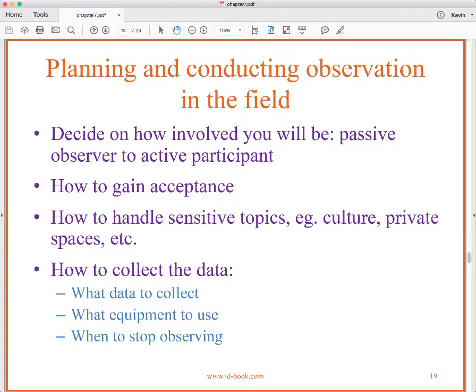It's usually true, if you're observing the kind of things that we're going to observe, that people come to know that you're observing them. Now they may see you, you may be in the workplace, and so some of these issues are like how to gain acceptance, how to handle sensitive topics, and all those kinds of things.